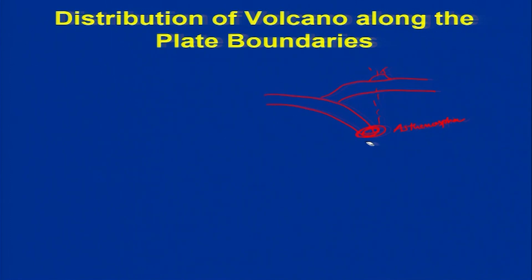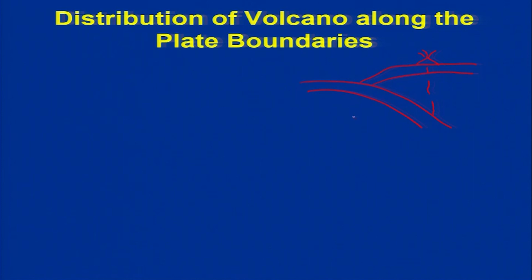So this is one plate moving below another one, and the melting will result in the formation of volcanoes on the surface.